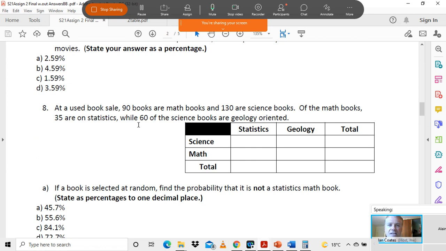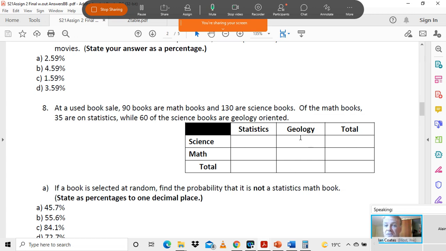At a used book sale, 90 books are math books. This one here, it'll sound strange, but welcome to statistics. At a used book sale, 90 books are math books and 130 are science books. So, math books, 90. Science books, 130. You need to fill in these.